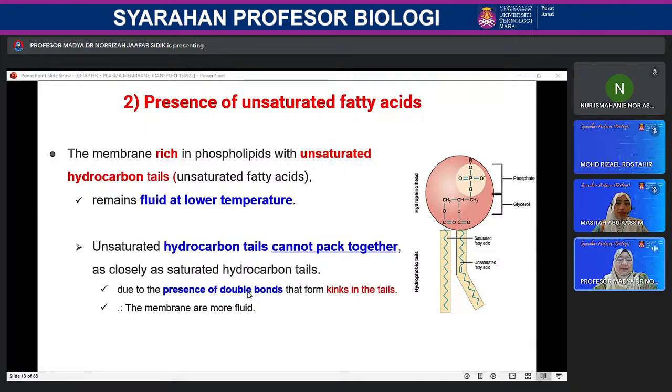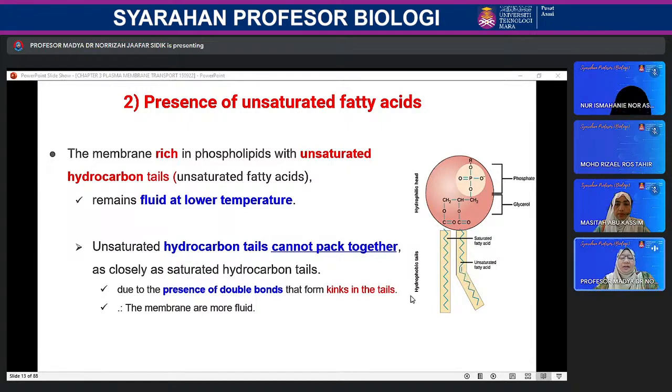So the unsaturated hydrocarbon tails cannot pack together as closely as the saturated hydrocarbon tails. This is due to the presence of the double bonds, which form the bends or kinks in the tail.